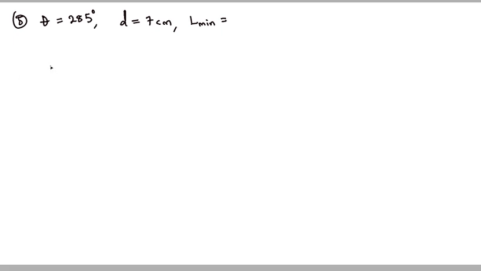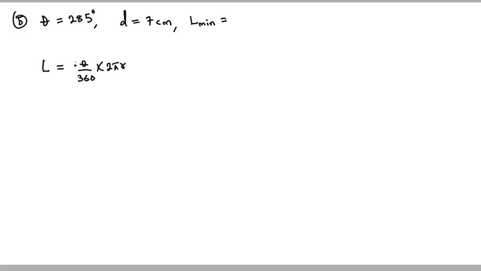So how then do we solve the length of the minor arc? The length of the minor arc is equal to, it should have been theta over 360 times 2 pi r.